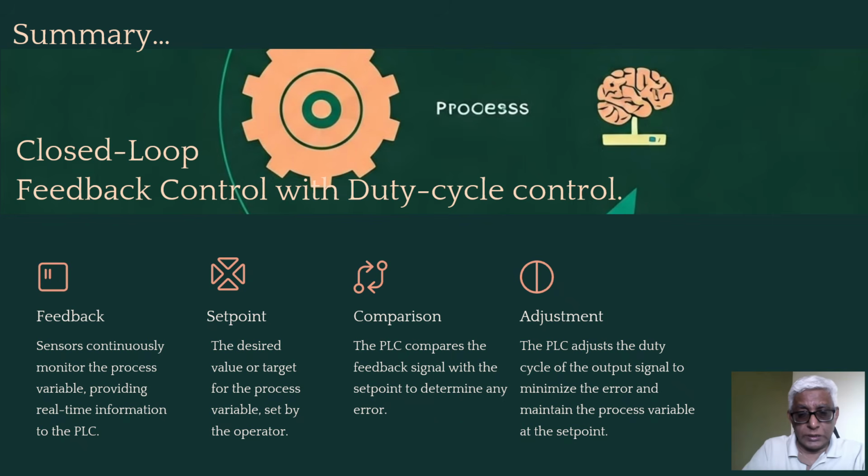It is just the same as in any other PID loop. It is also a closed loop control. There are the same sensors which continuously monitor the process variable. There is a set point, and the only difference is that on the adjustment side of things, the PLC adjusts the duty cycle of the output to minimize the error. That's it. That's the function of the pulse width controller. Okay.